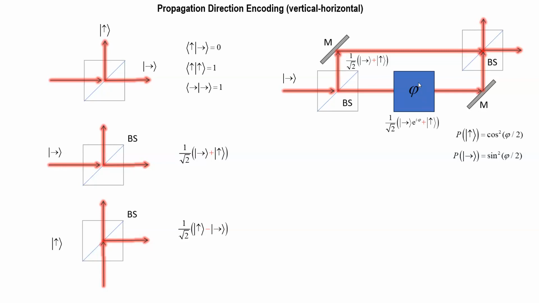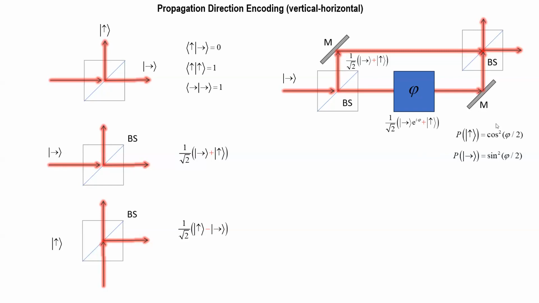So we discussed this system in the section about interference, or we call this the golden single qubit circuit. In this case, this is the optical realization of that golden single qubit circuit.